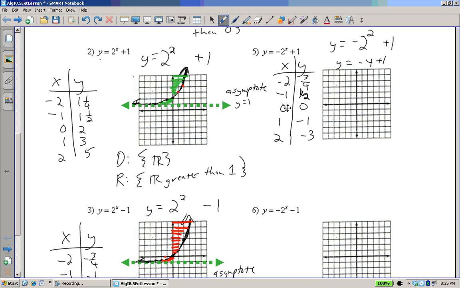And now we can graph this. Negative 2, 3/4, negative 1, 1/2, 0, 0, 1, negative 1, 2, negative 3, and it gives us enough of a shape that we can go ahead and sketch it.